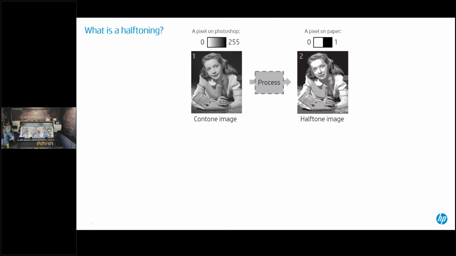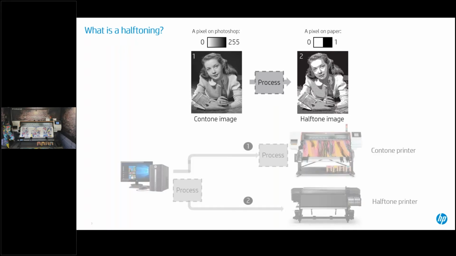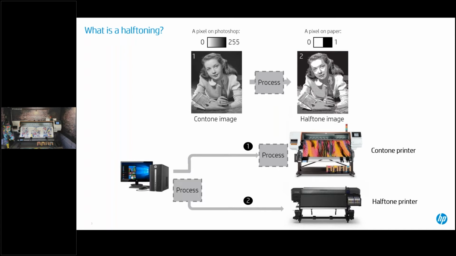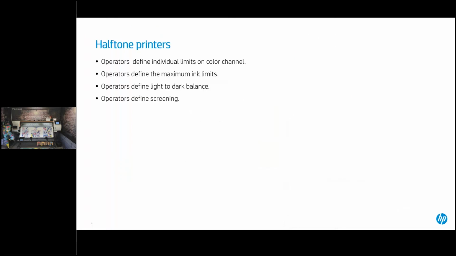You have a Contone image that comes out of Photoshop. The process happens and it turns it into a halftone image. So again, the nozzle spits or it doesn't. Our printers are Contone printers, and this process takes place on the printer. In the halftoning world, this process takes place in your RIP. So those are the key differences between a Contone and a halftone printer.